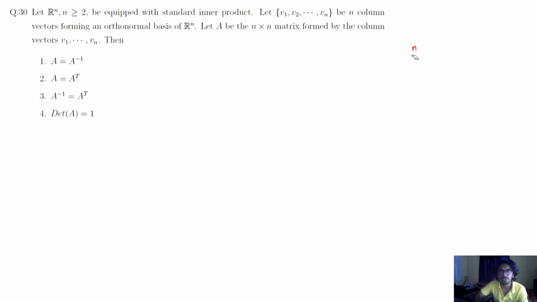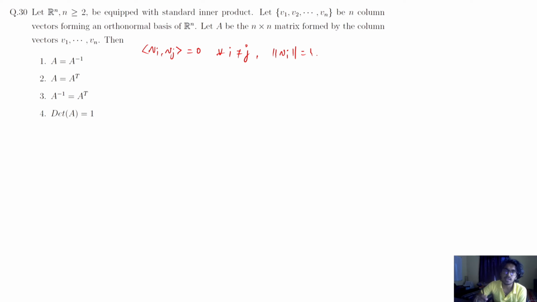And we have n vectors forming an orthonormal basis. By orthonormal basis, what do they mean? They mean inner product of vi comma vj is 0 for every i not equal to j, and norm of vi is 1. This is what they mean by orthonormal basis.